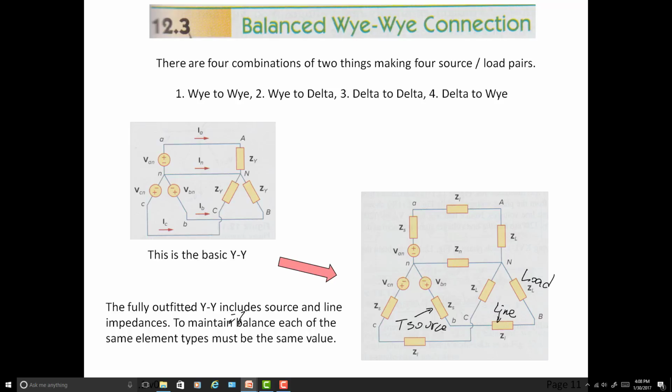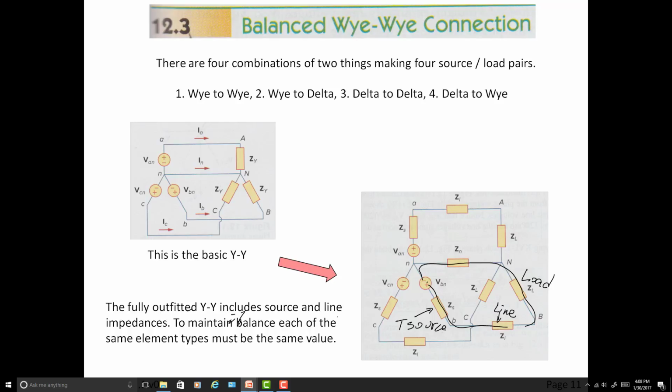I've chosen to annotate the B sequence coming down here from the source. Here's the loop going around through the load and back through the neutral. And just to be complete, they put an impedance in the neutral line.